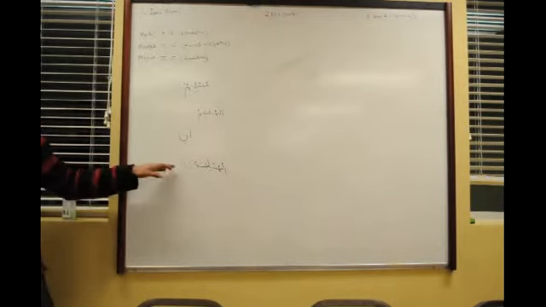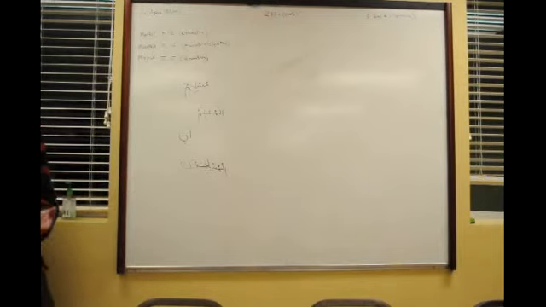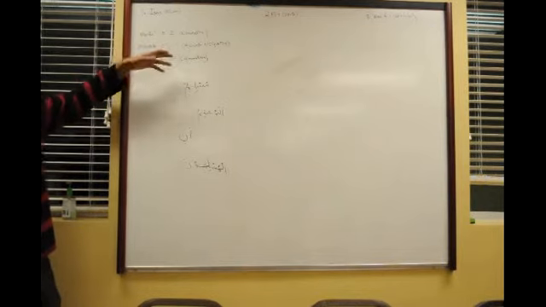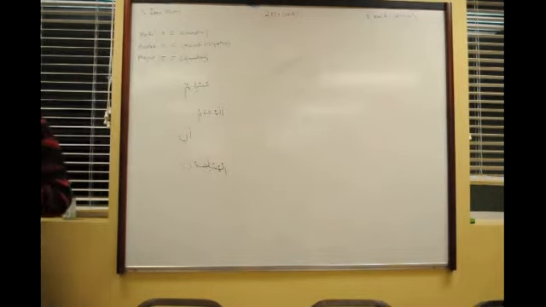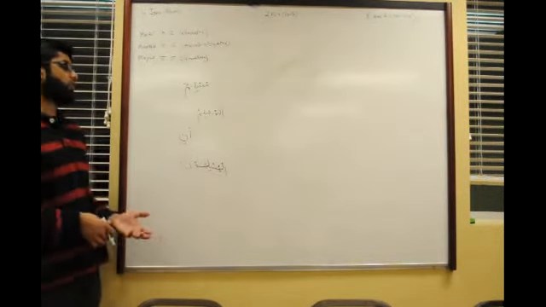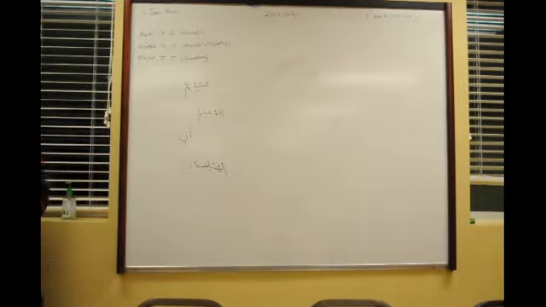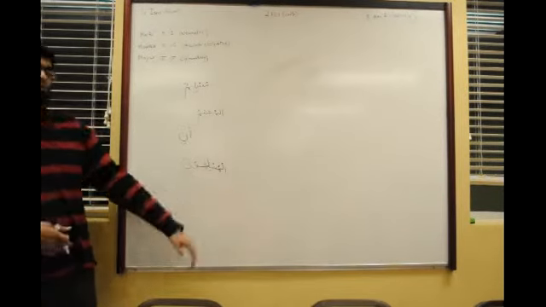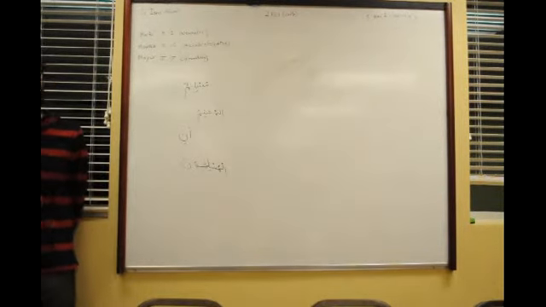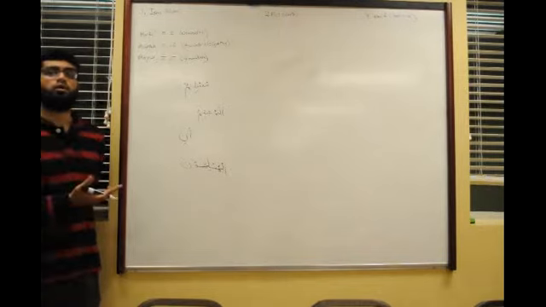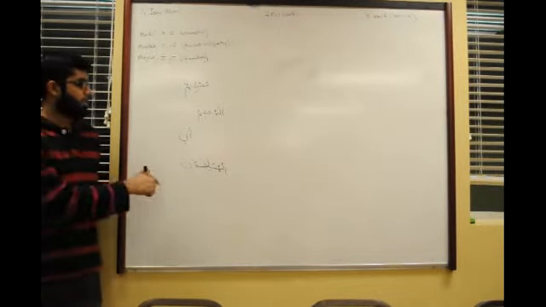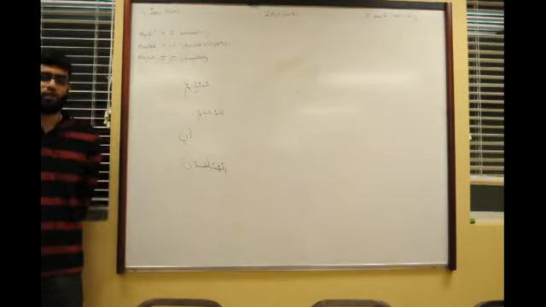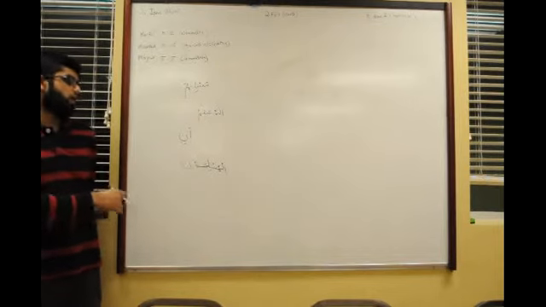It's a fatha, right? So if you are going by this rule, what case would you say it is? Mansub. But this is actually incorrect. When you look at the word al-Muslimuna, you're actually looking at something which is marfu', and the waw and the noon tell you that this is plural.